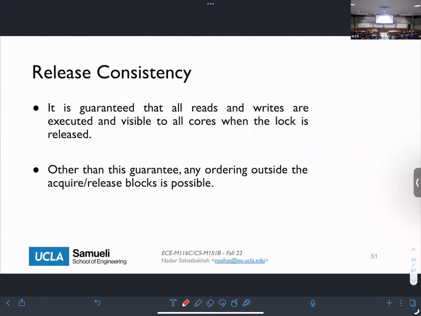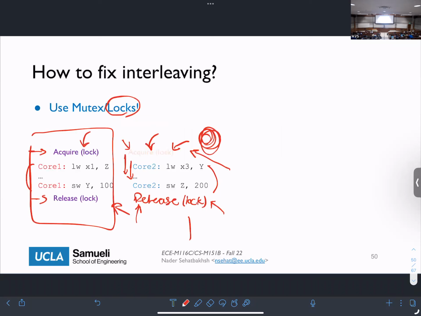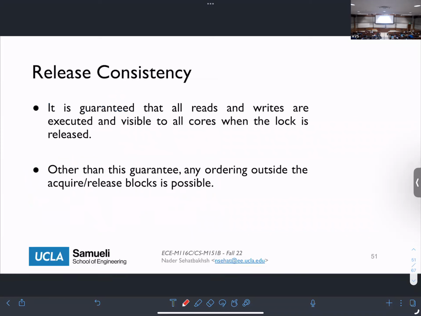So what release consistency says, which is added to our TSO and our sequential consistency, is that if we have this kind of model of getting and releasing, I'm going to say that when I reach this point, when I'm releasing the lock, it is guaranteed that all the stores and loads that I do within that part are observable and visible to all the other cores.